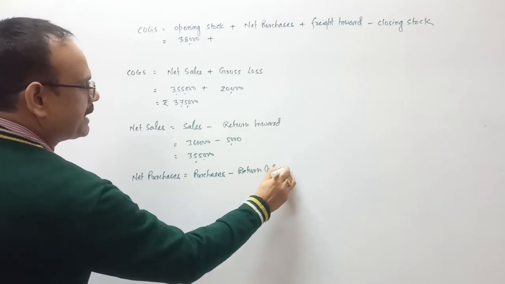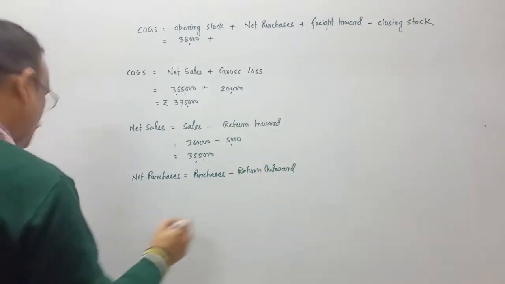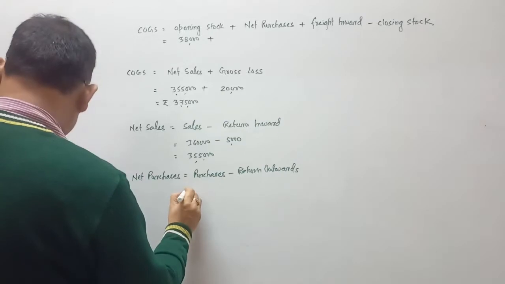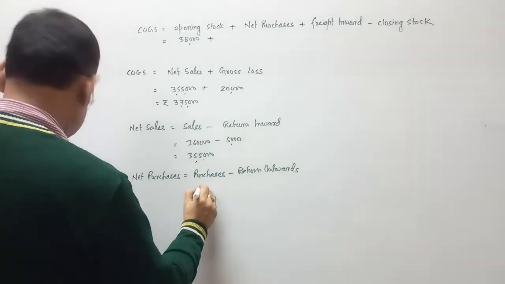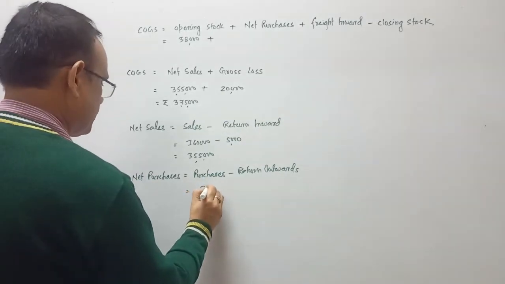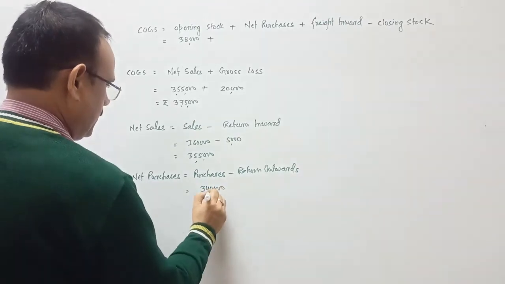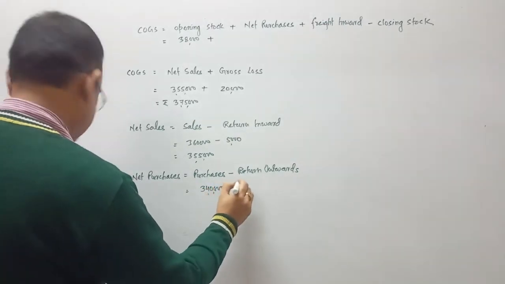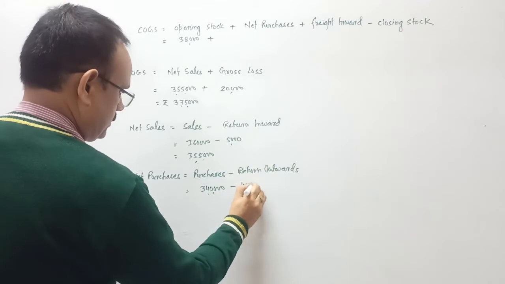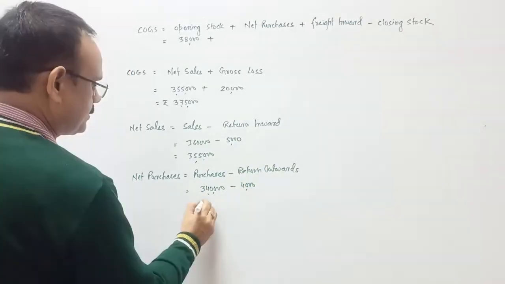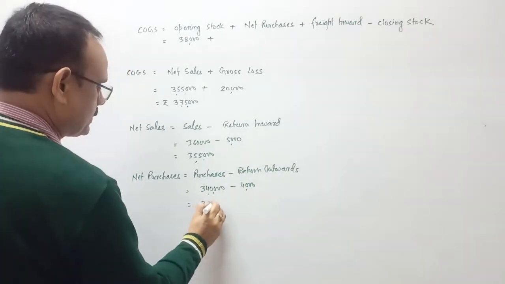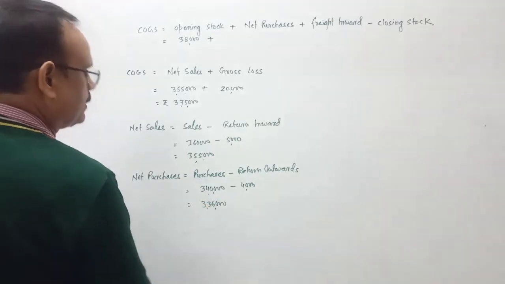Outward means purchase return. Purchase given in the question is 3,40,000 and return outward is 4,000. So net purchase is 3,36,000.